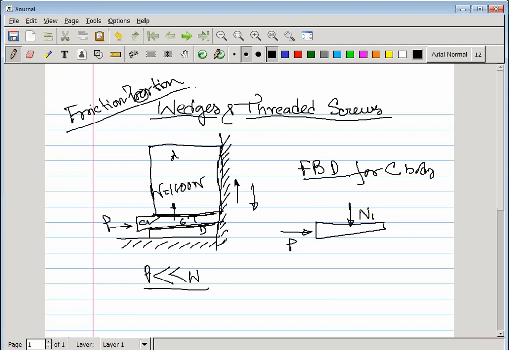The applied force acts in this direction, so the body moves along this direction, and the friction is always in the opposite direction. We consider this one as F1. There is also an angle I told you, suppose 6 degrees, so the normal also has some angle. That is N2, and it also has friction, that is F2.